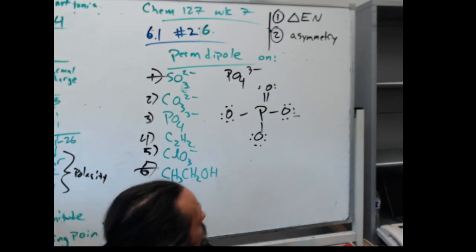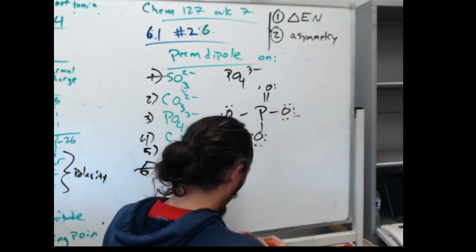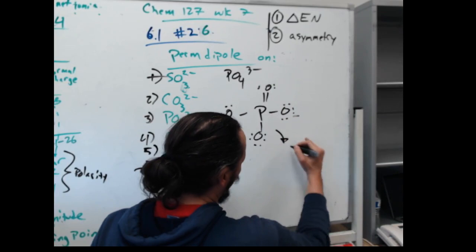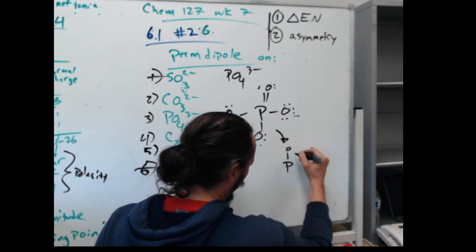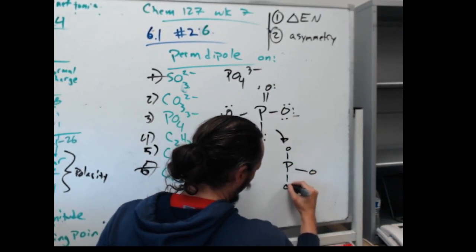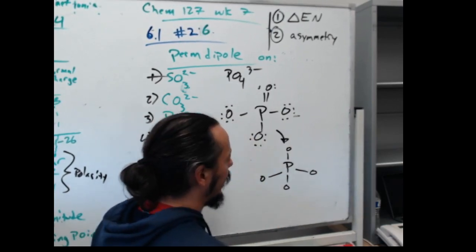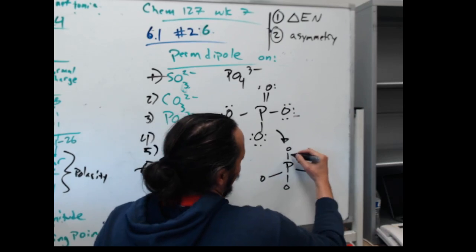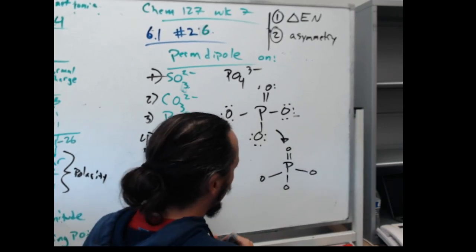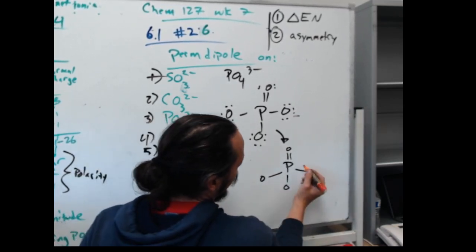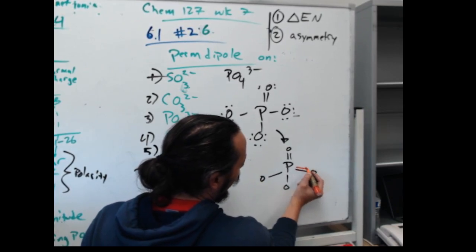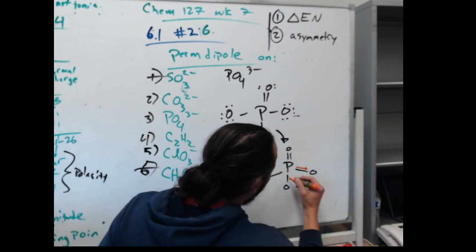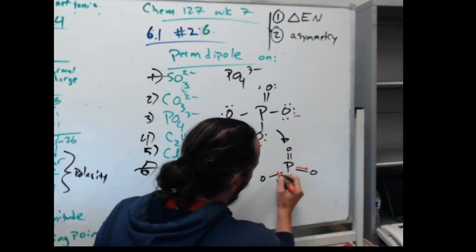So when I look at this, first off, I drew it flat, and that's terrible. So let me go ahead and redraw it as a tetrahedral. This is the little chicken foot tetrahedral that people like to do as well. So when we look at this, there is bond polarity between the phosphorus and the oxygen, because oxygen is electronegative, second most electronegative, right behind fluorine.